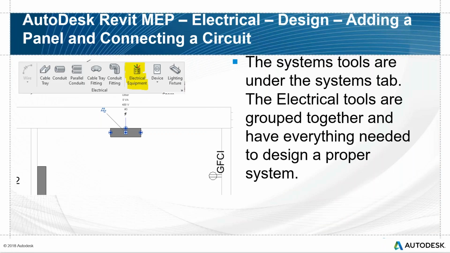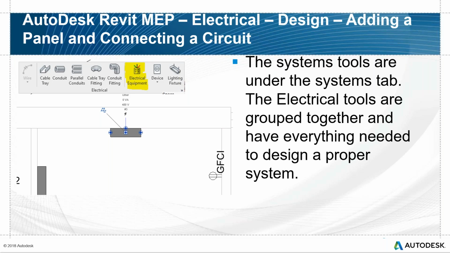What's unique in Revit is the ease in which electrical systems can be added. So some of the tools that are in the Revit system are the systems tools. And the electrical tools are in the systems category, and I just kind of pulled that out here just to show you the ease.